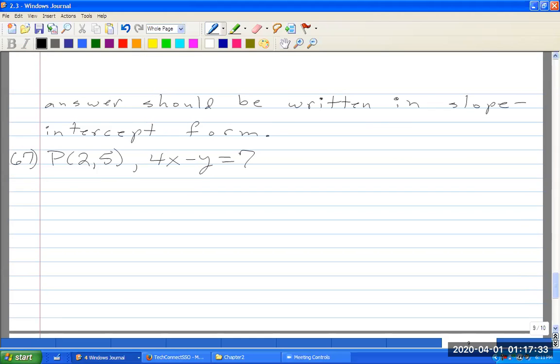The first thing I have to do is figure out the slope of this line, 4x minus y equals 7. So let me add y to both sides of my equation and subtract 7 from both sides of my equation. And so I've put this into slope-intercept form.